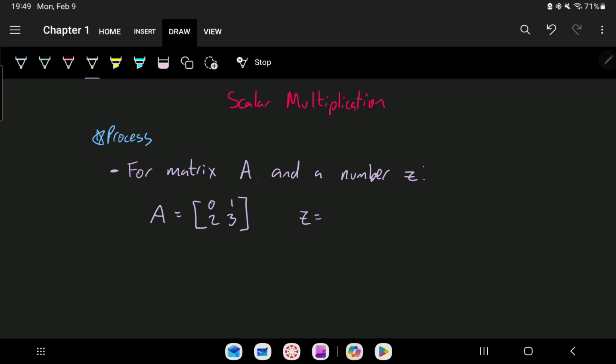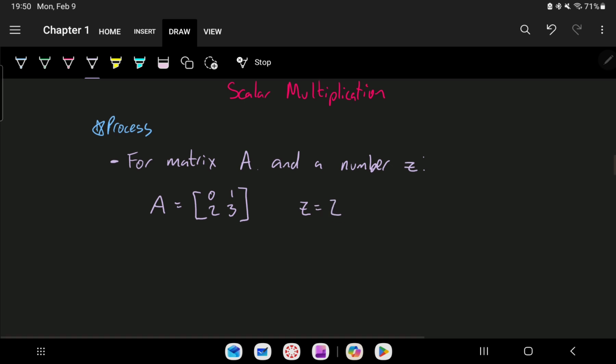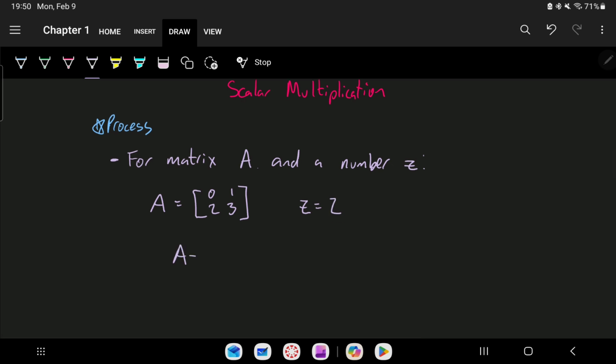We will say that A is a 2 by 2 matrix made of 0, 1, 2, and 3, and Z is the number 2. Well, A times Z, or you'll often see it as ZA, is just going to be Z multiplied by each component of A. So 2 times 0 is 0, 2 times 1 is 2, 2 times 2 is 4, and 2 times 3 is 6.